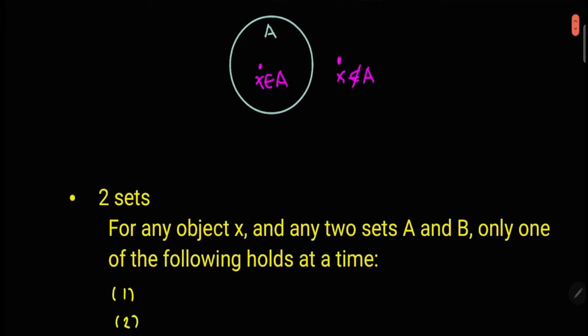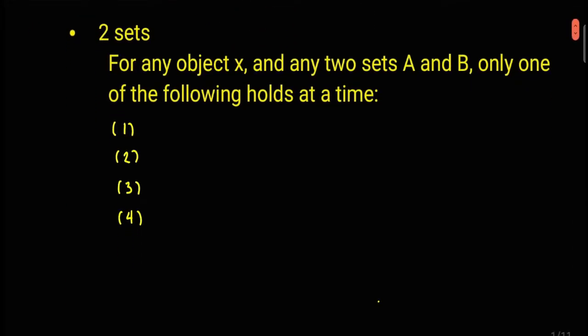Now, if we have two sets, what is the relationship of X in these two sets? First, we know that for any element or any object X, there are two possible scenarios. Either X is in A or X is not in A, and only one of the two is true. Now, with respect to another set, say B, we have the following scenarios.